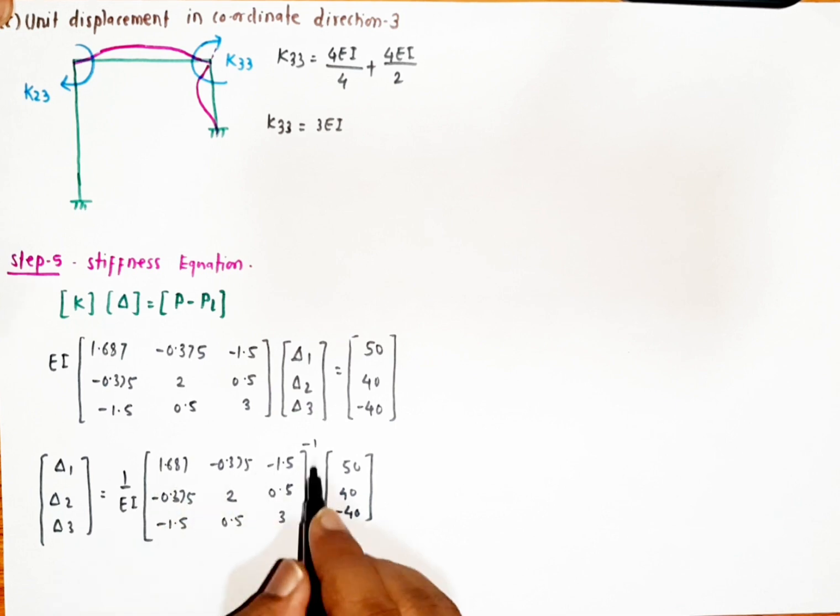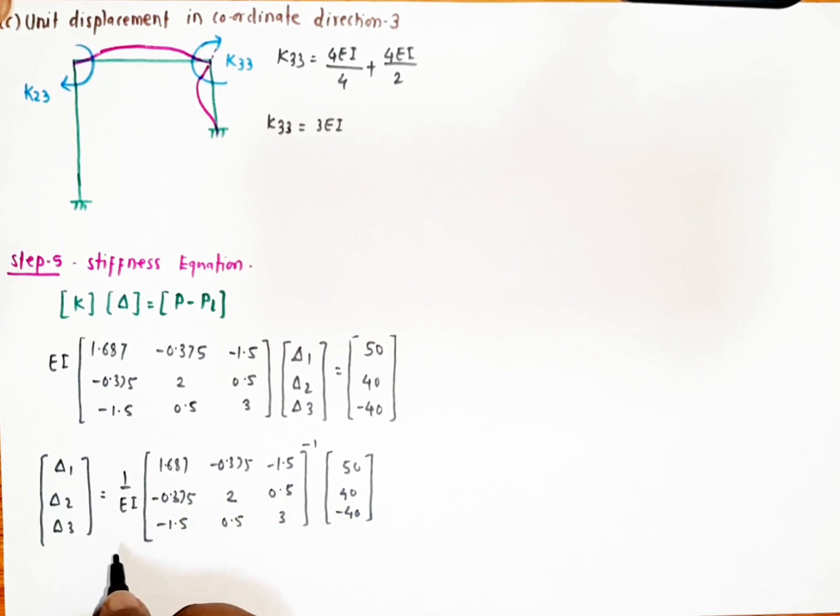Now we need to find out the inverse of the 3 by 3 matrix, and after that we will get an answer.